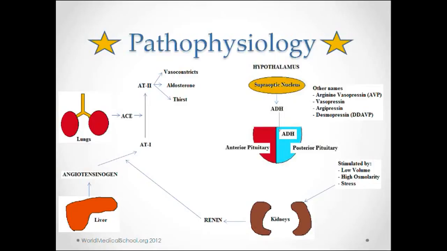And lastly, it secretes ADH from the posterior pituitary, which goes to the V2 aquaporin receptors at the collecting duct in the kidney to reabsorb water and concentrate the urine. The whole purpose of the renin-angiotensin-aldosterone pathway is to hold on to the water.